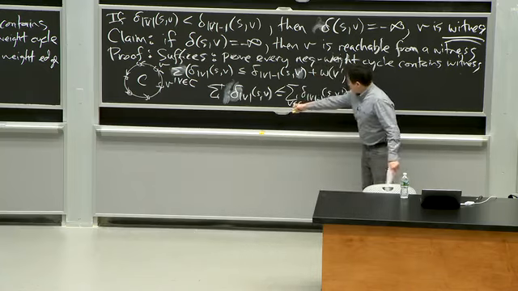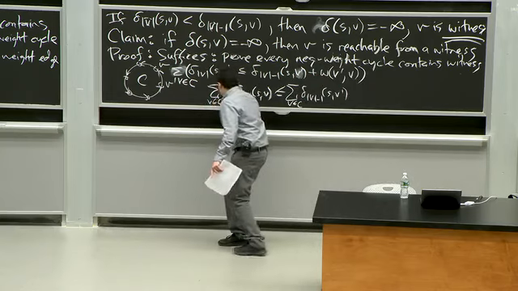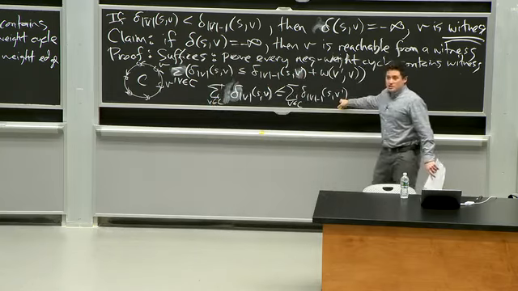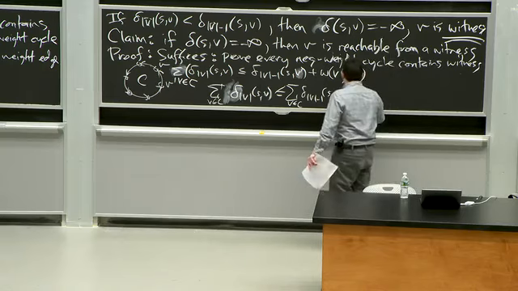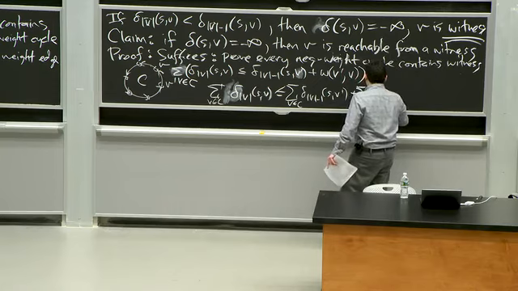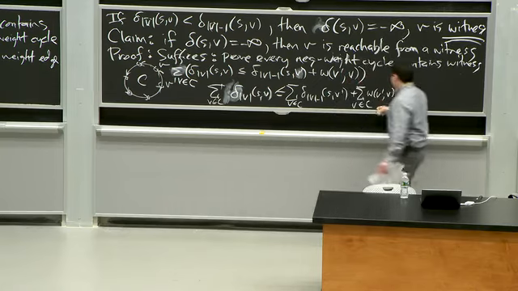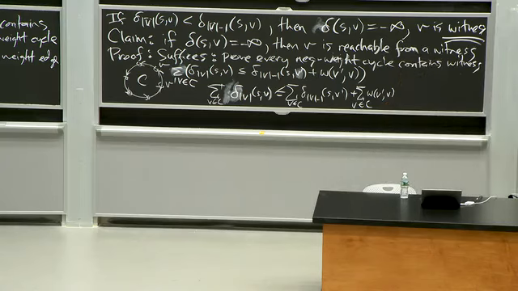And here I'm summing over V in C, and this is just my notation for the predecessor. And then I'm going to sum over the weights in my cycle, V in C. These are the sum of the weights in my cycle.